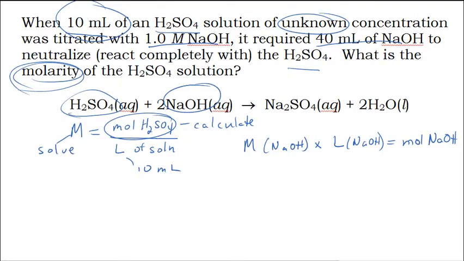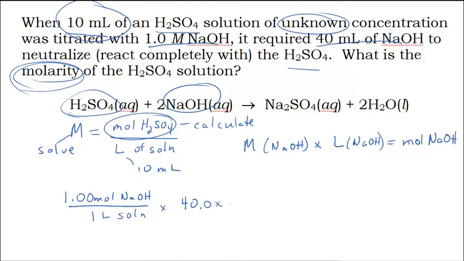All right, so we need to get the moles of sodium hydroxide first. Let's do that. We have 1 mole of sodium hydroxide per liter of solution, 1 molar sodium hydroxide, times the volume, converting milliliters to liters.